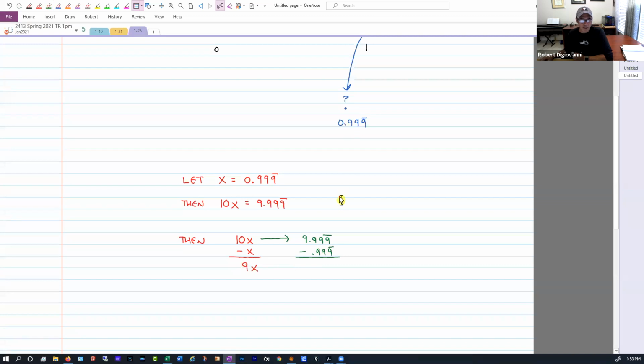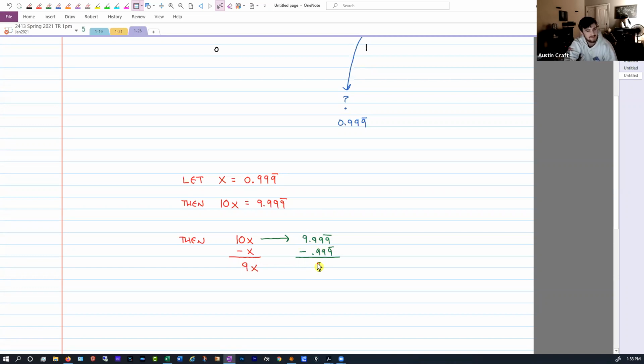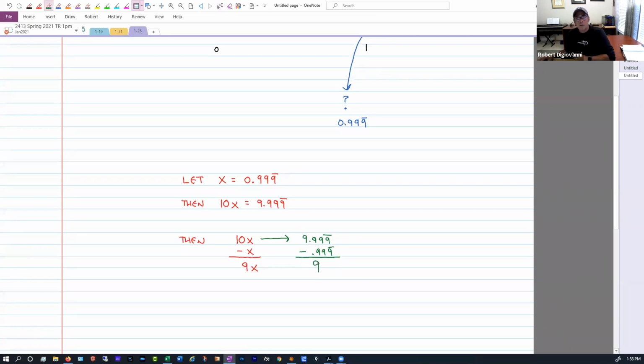I'm going to ask Austin because he came up with 0.999. Austin, what would happen if you subtract these? What would you be left with? I want to say just 9. Yeah, just 9, right? It's kind of like all these decimals that go forever kill each other off. So you just get 9. But what does that mean we're saying here? 9x has to be 9, right?